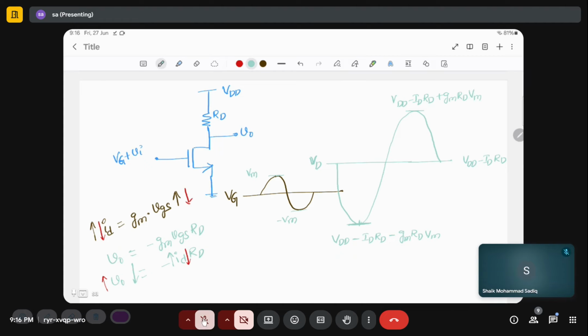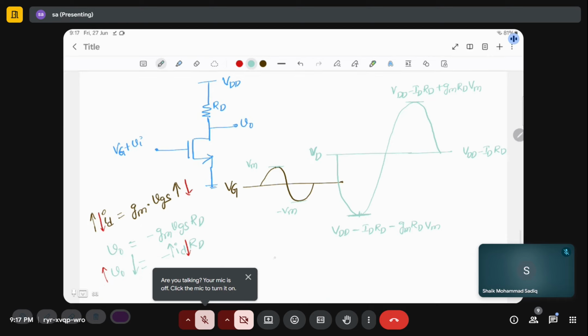MOSFET turn off, then current will not flow. See, the question is, can it go to 0? What happens if it goes to 0? What is the transition point? VDS should be greater than 0.